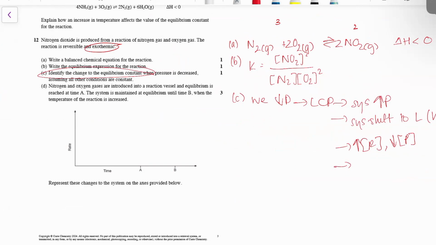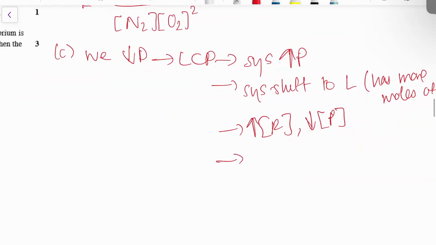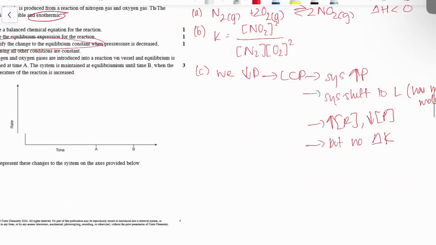Pressure, concentration, volume and temperature will affect the position of equilibrium. Does pressure affect the equilibrium constant, though? No. So the position of equilibrium will shift, but there'll be no change in K, because what's the only factor that changes K? Temperature. Good. So that's why this is a 1-mark question.